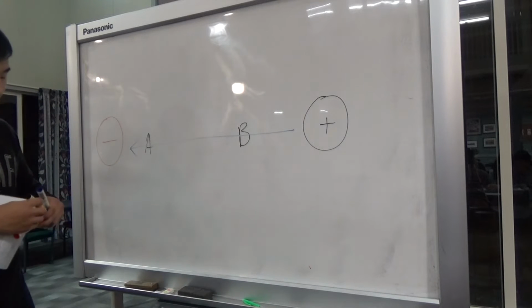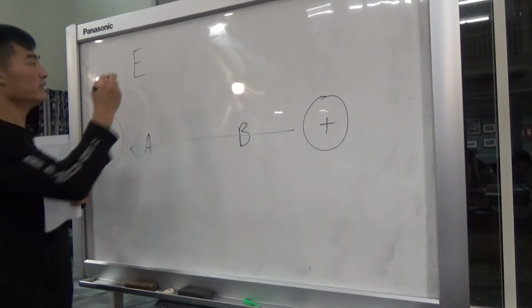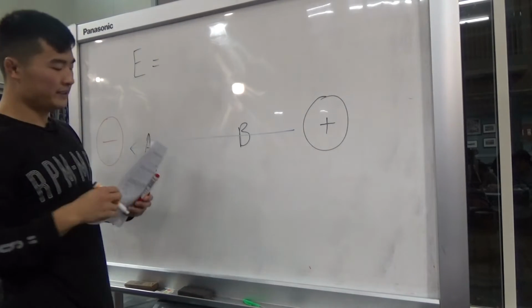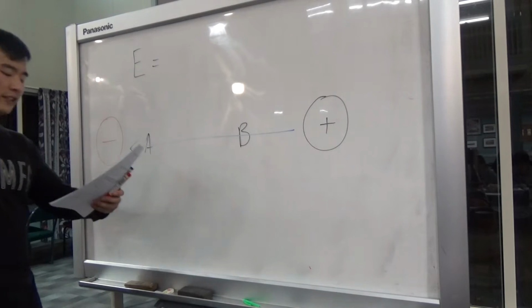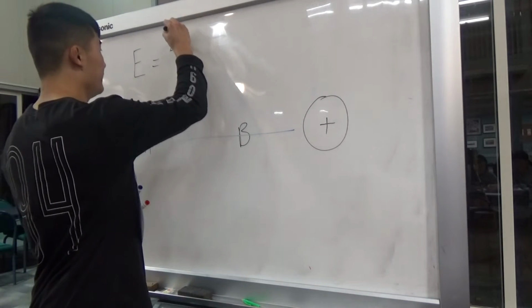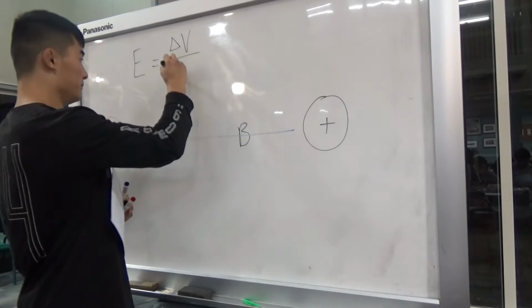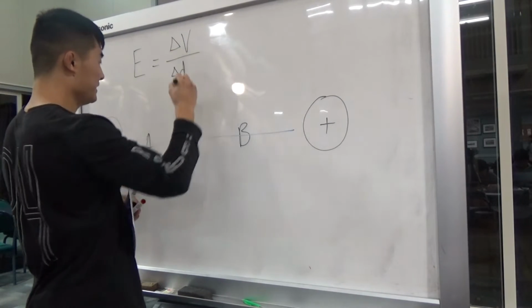The symbol for electric field strength is E, capital E. There are a couple of equations for electric field strength, and the one that we'll use is E = ΔV over Δd, the change in voltage or potential difference over the change in distance.